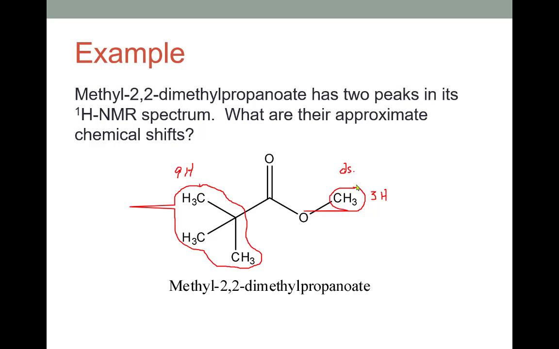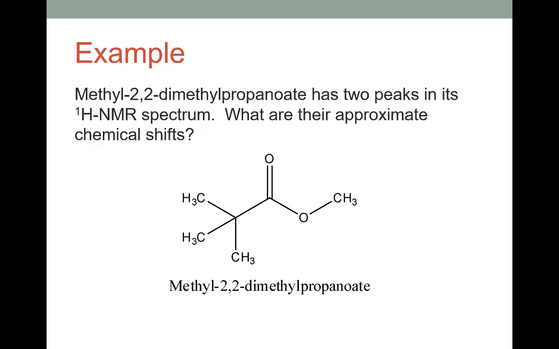And so maybe I would expect this one to show up above 3, something like 3.5 to 4.5, somewhere like that. These guys over here, they're one step away from the oxygen, and so we wouldn't expect as much of a shift. They'd be higher than we would expect for standalone methyl groups, so maybe above a value of 1, maybe in the 1 to 2 kind of range, something like that as an estimate.